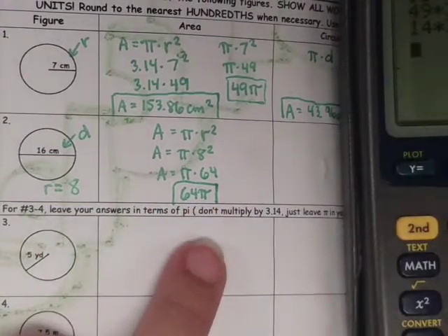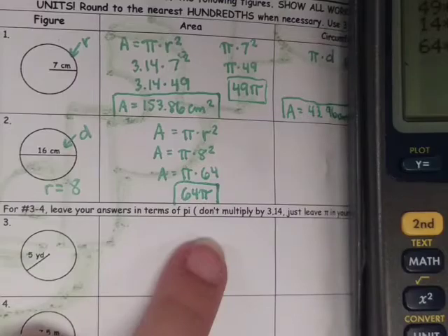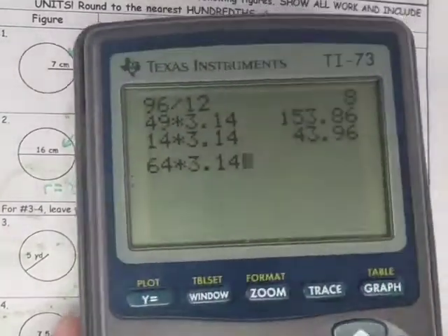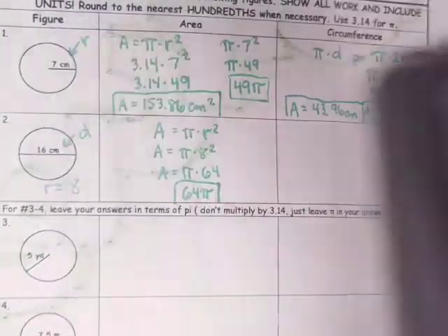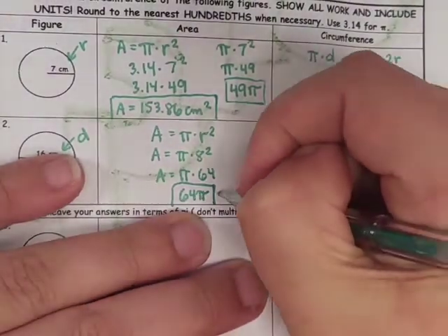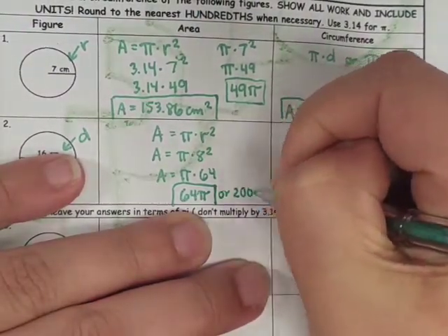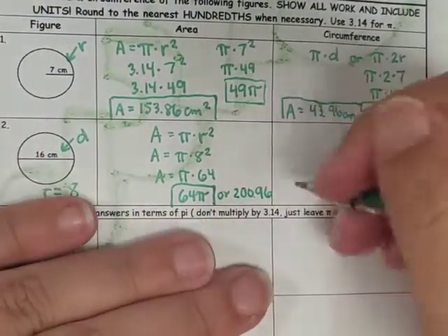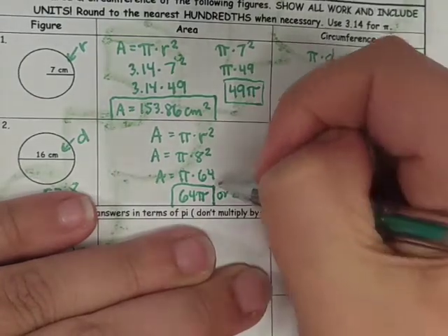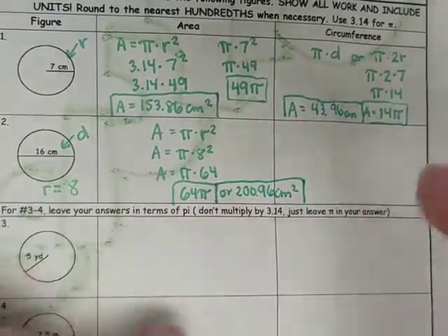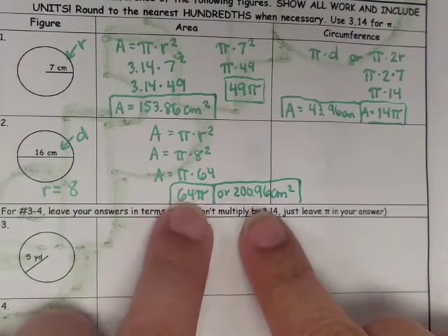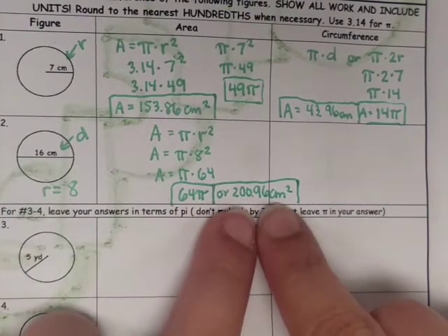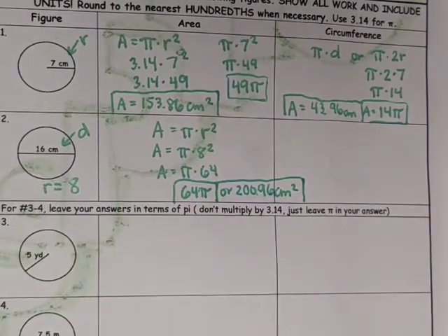So 64 times 3.14, and that gives me 200.96. And that would be centimeters squared. So both of those answers mean the same thing. This is just in terms of pi, and this is where you actually multiply by pi.